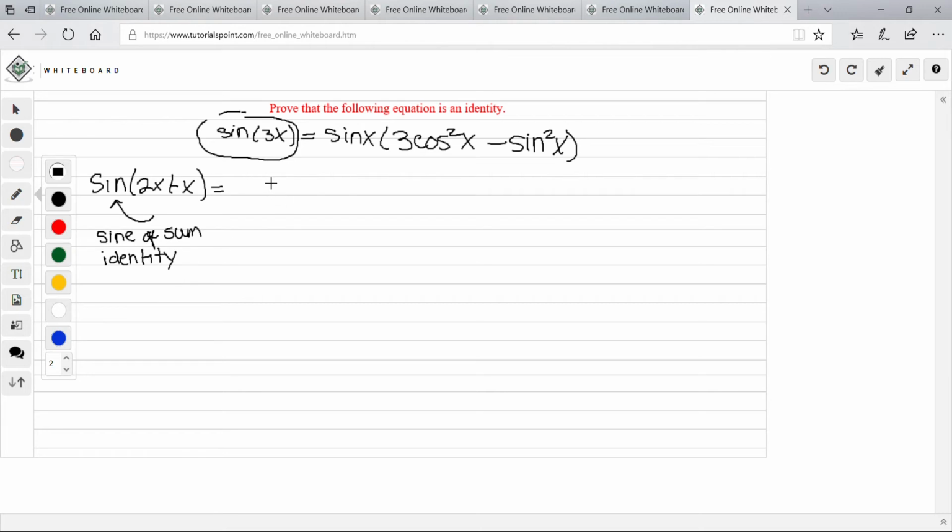So the sine of a sum identity looks something like this. This is review, sine of alpha times cosine beta plus cosine alpha sine beta. So we said that alpha is 2x, and then our beta is just x.